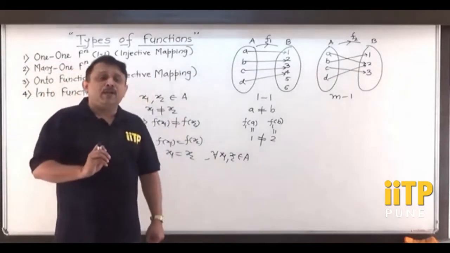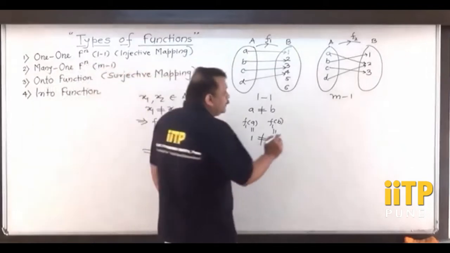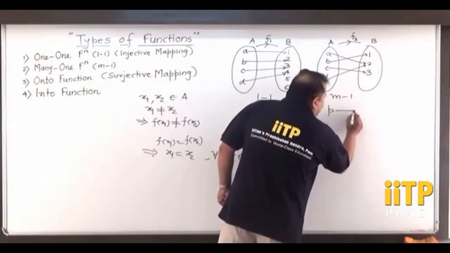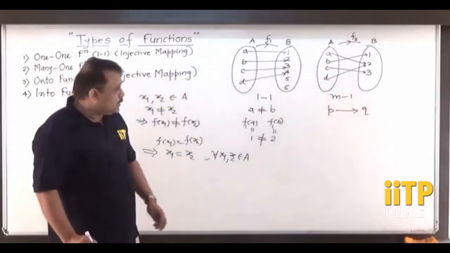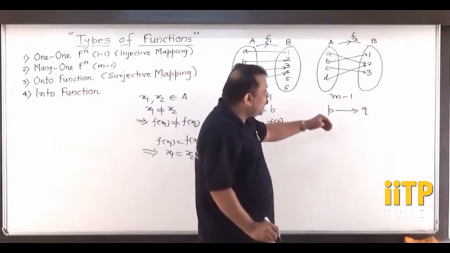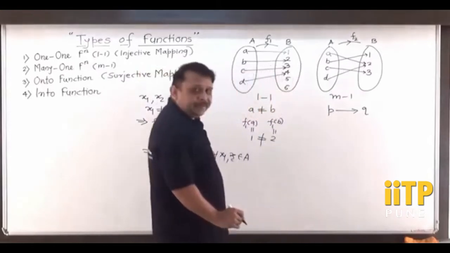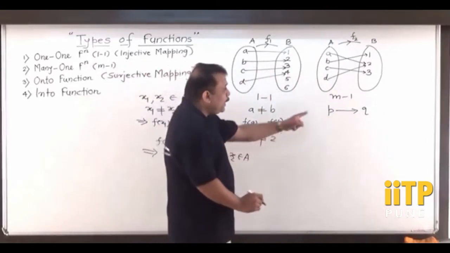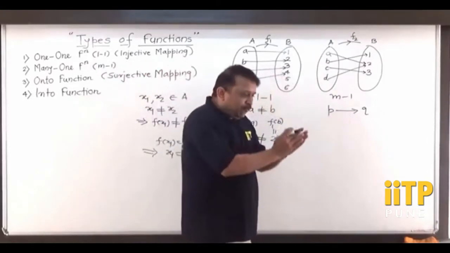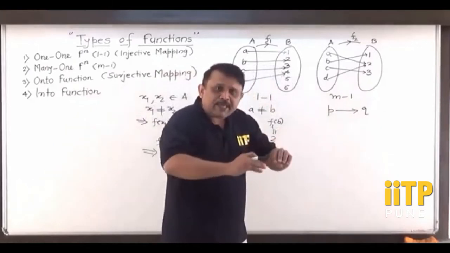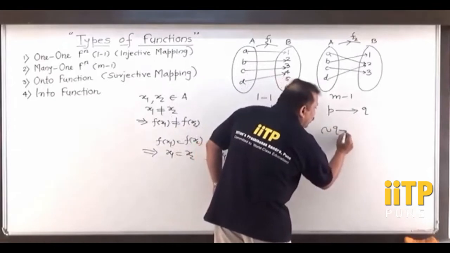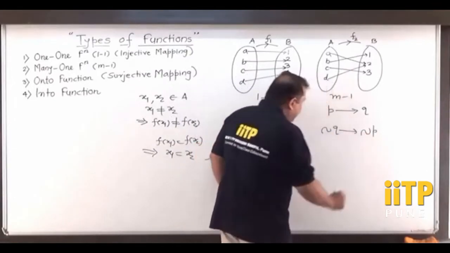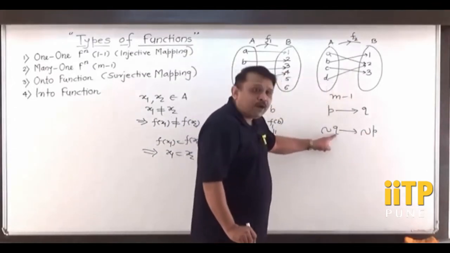There is one concept in logic that if I consider P as one statement and Q as another statement such that P implies Q is there. Now P implies Q means if P then Q, and it is equivalent to the fact that not Q implies not P. Here not Q means what?